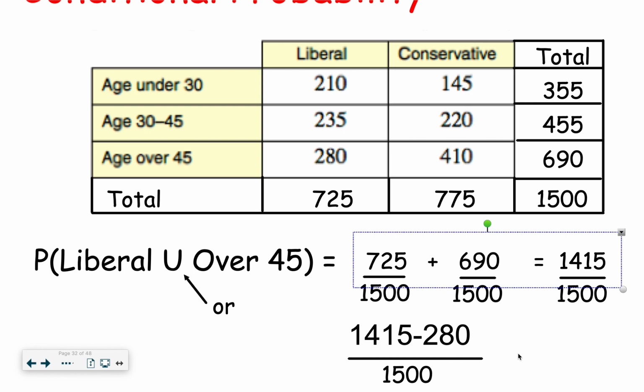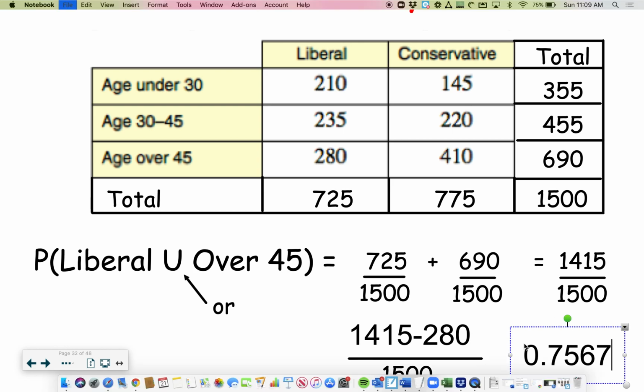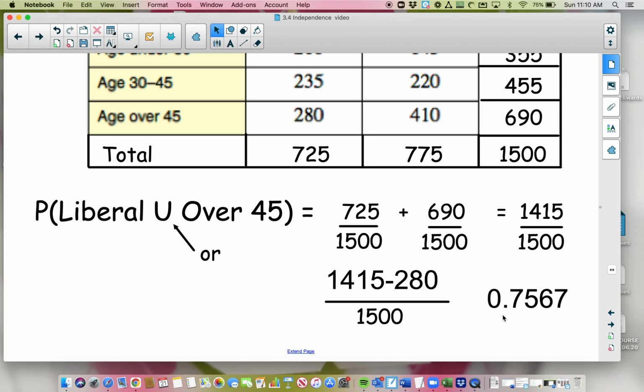So if I subtract the 280, and you double check my numbers, and then I'm going to divide that by 1500, and I get 0.7566 repeating. So I'll round that, I guess. There we go, your final probability right there.